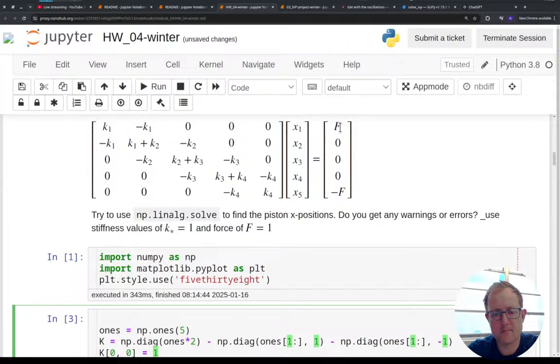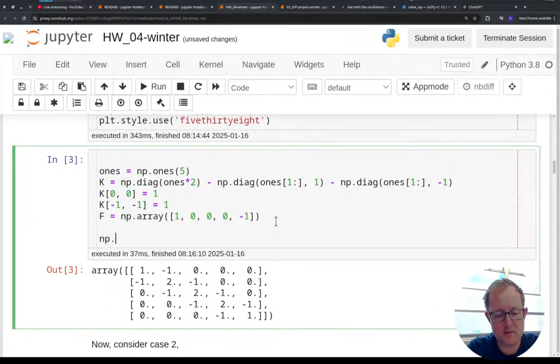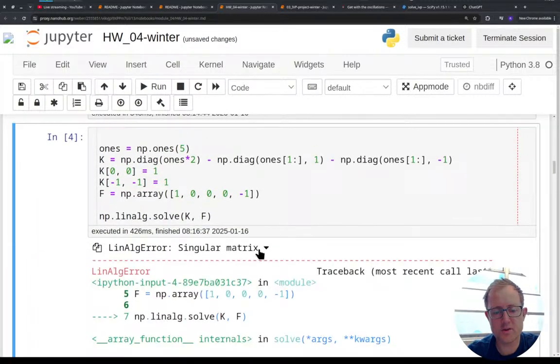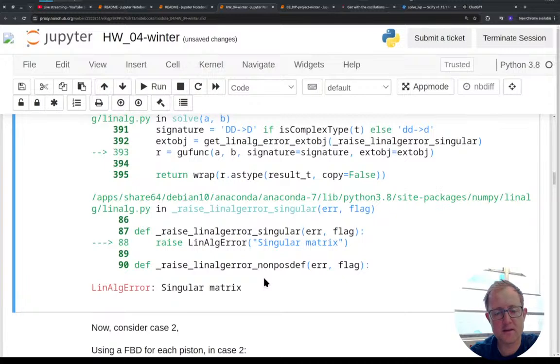So 1, 3 zeros, and then -1. np.linalg.solve of K and F. And sure enough, I get the error that I was expecting, that this is a singular matrix.